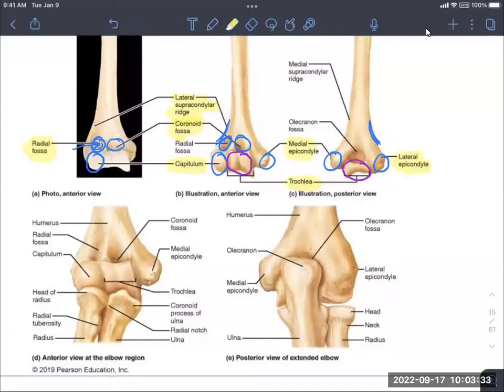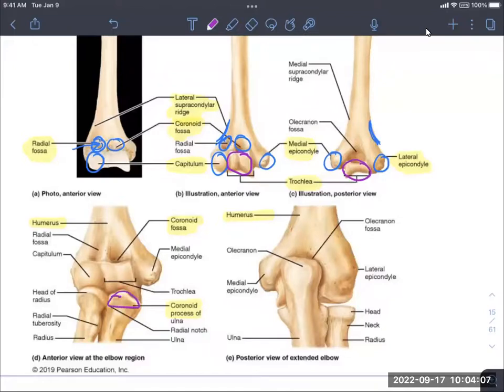So let's look. See, up here is our humerus. You have your coronoid fossa. So we have a coracoid and a coronoid. Coracoid process, coronoid fossa. That coronoid fossa articulates with the coronoid process of the ulna, which is this part right here.